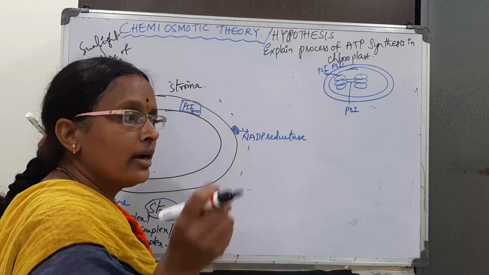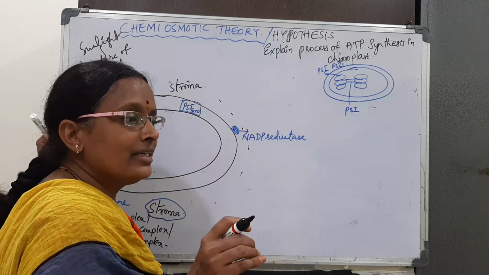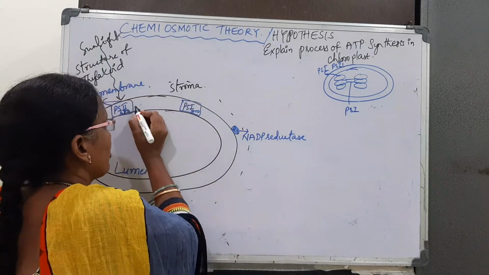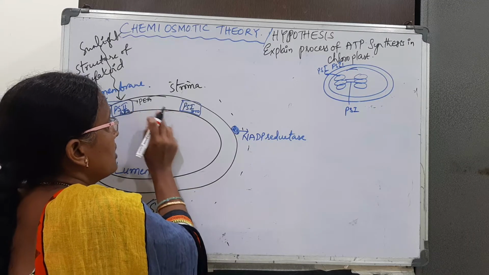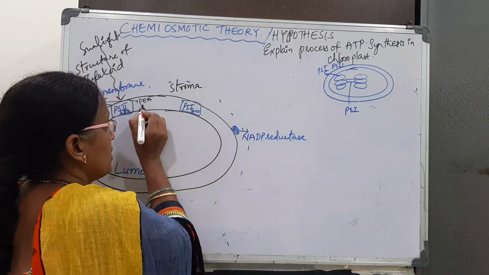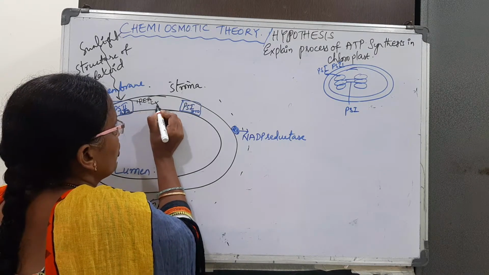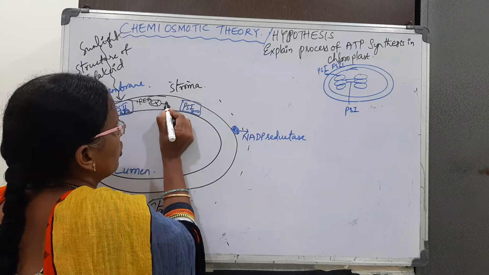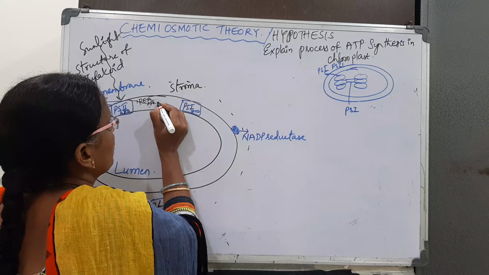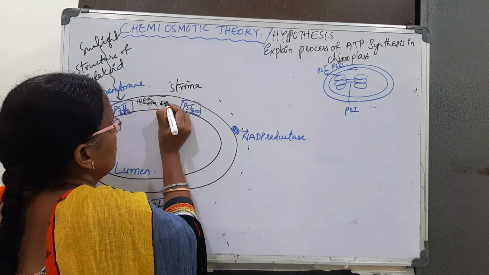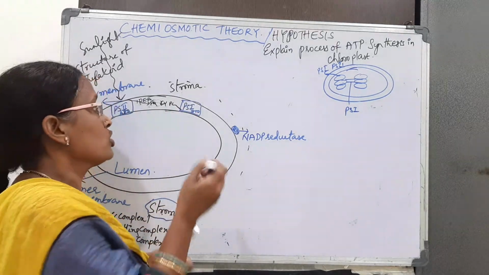They absorb the light and transfer it to the reaction center, and that excited electron is released and moves to the primary electron acceptor, then through several electron transport chain carriers. Here we are writing only cytochrome. They move first to plastoquinone, then cytochrome, then plastocyanin. Next, they reach the photosystem.